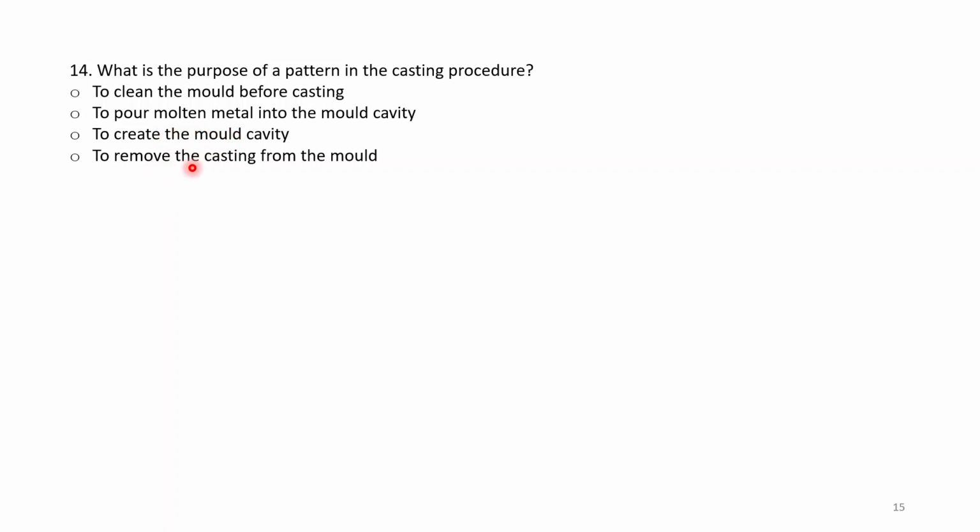To remove casting from the mold, this is the process called ejection, and to pour molten metal into the mold cavity, this will be the ladle, and to clean the mold before casting, this is another process. This is also not a reason for using pattern.